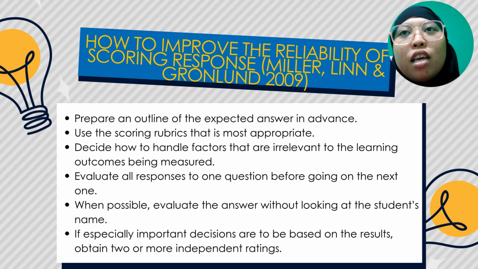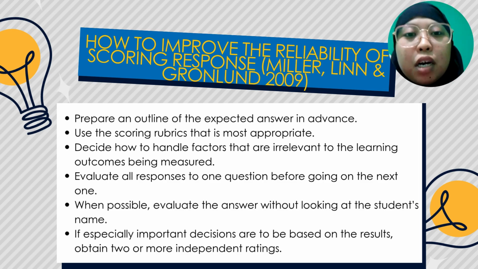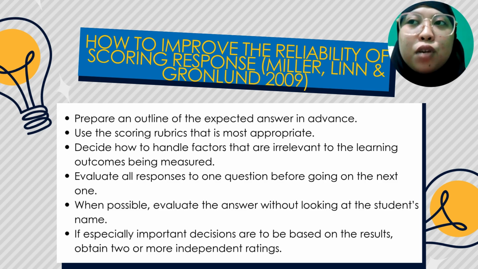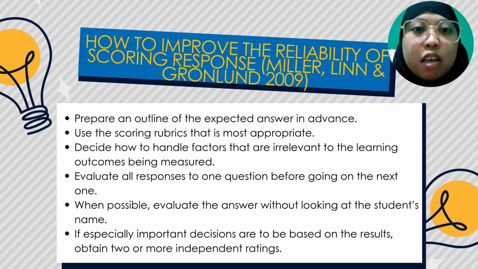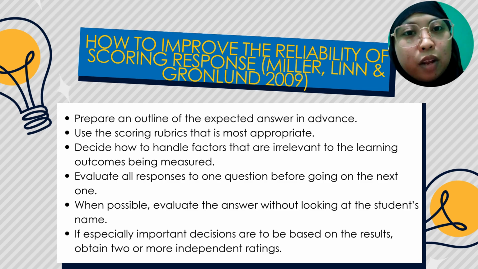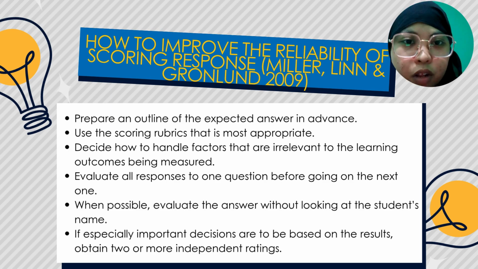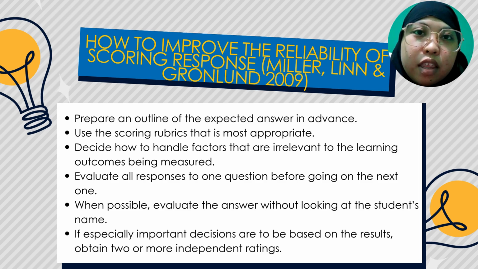It is to be not biased, because sometimes there are still teachers who base their grading on the student. So it is safer and more appropriate and unbiased if you fold and not show their names when you are checking.